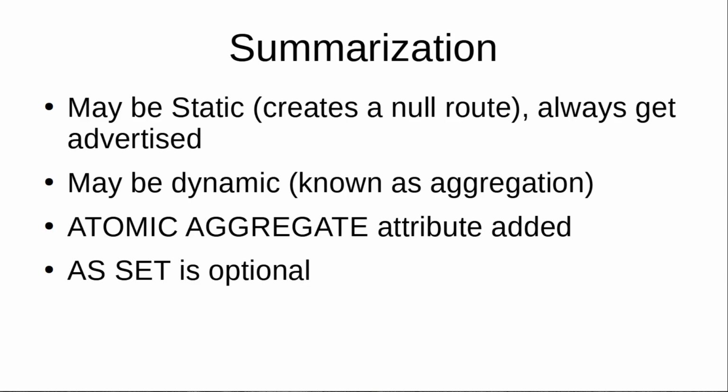The aggregated prefixes will get the atomic aggregate parameter added, so other devices will know this prefix comes from an aggregation, and you can also enable AS set. Remember that AS set is an unordered list of autonomous system numbers.